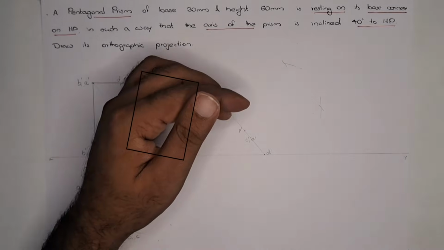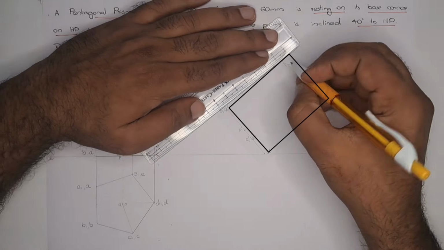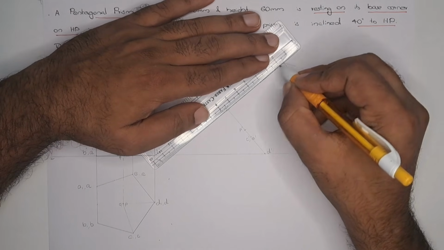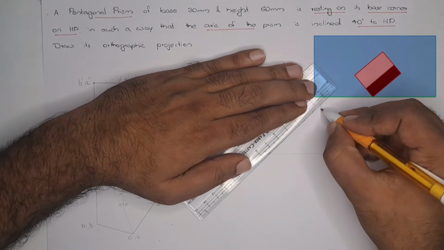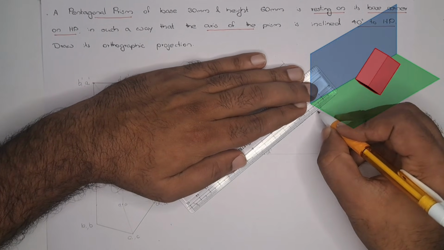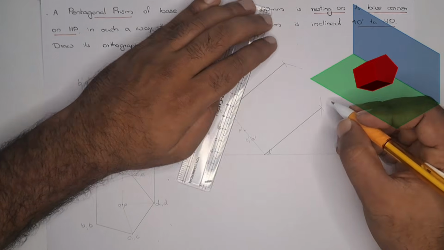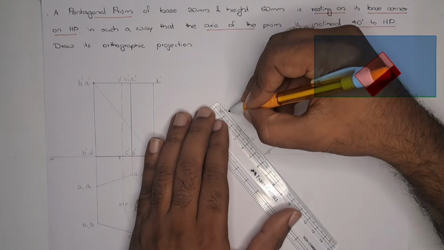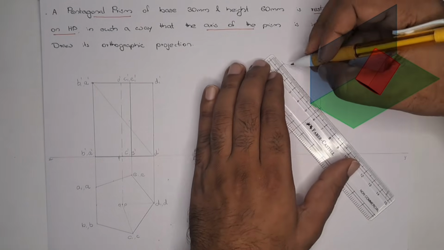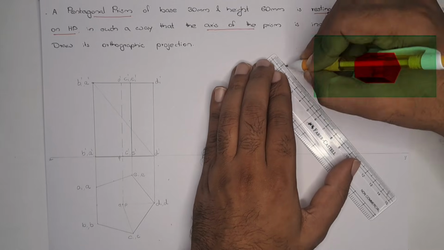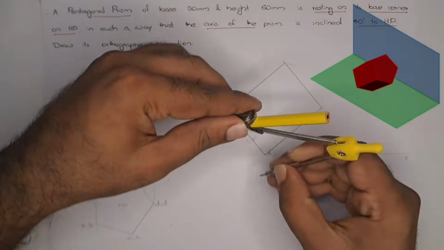Sixty from here, and close the loop. Now we can mark the distance over here also.